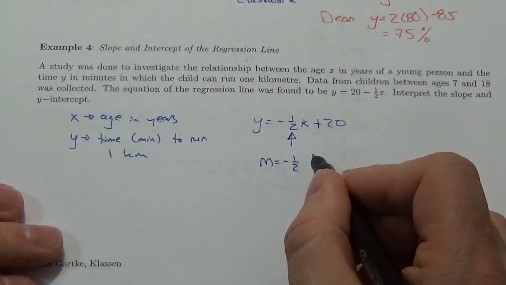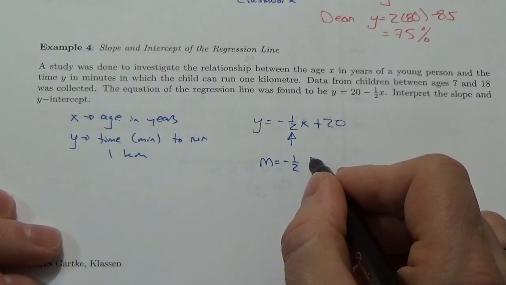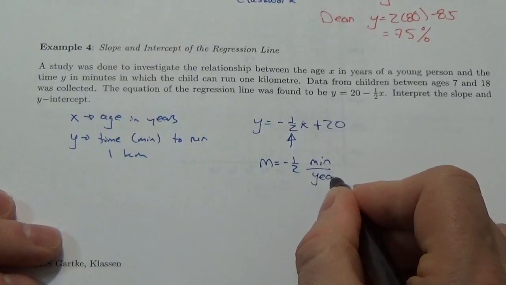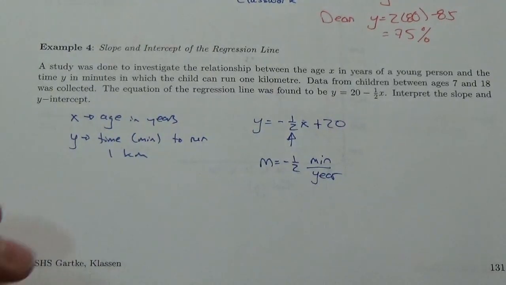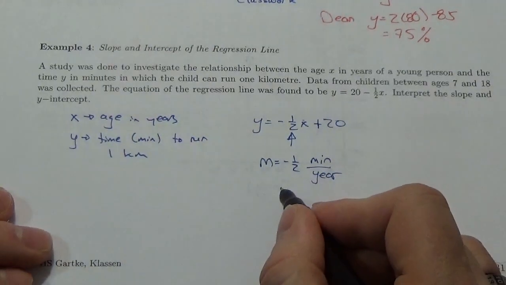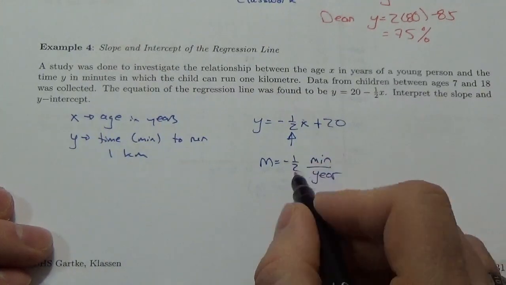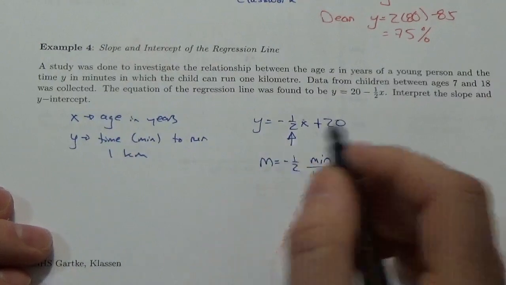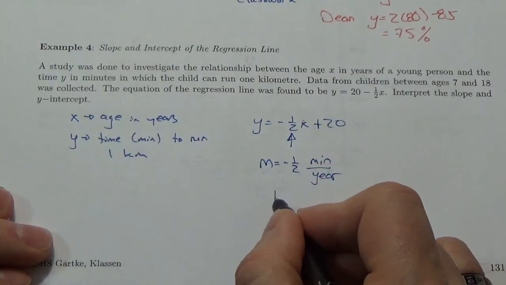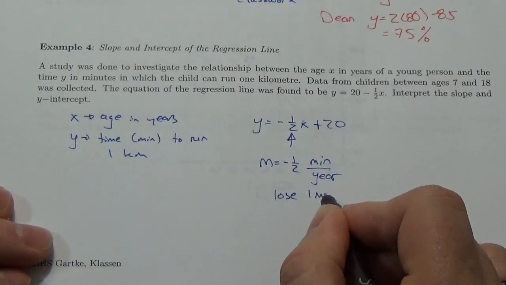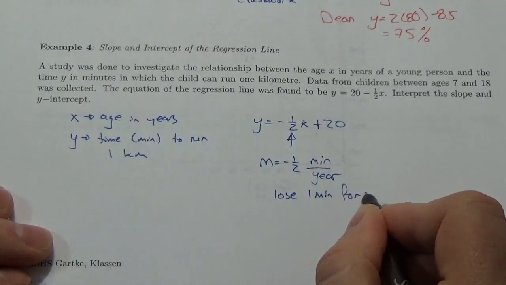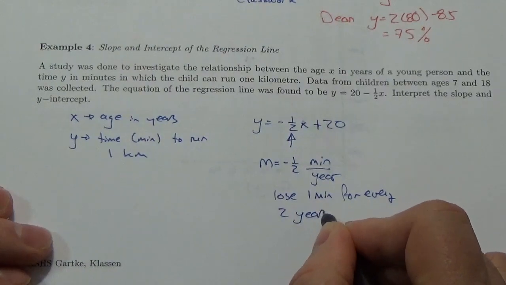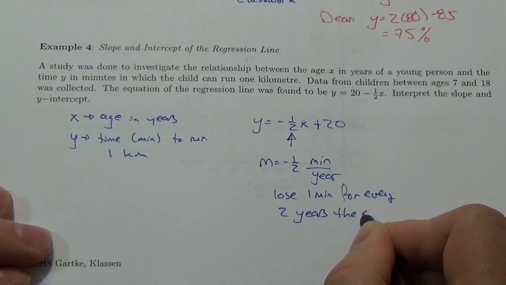So this will be time to run 1 kilometer, so this is going to be minutes per year. Basically what this means is that we are going to lose 1 minute for every 2 years the child advances.